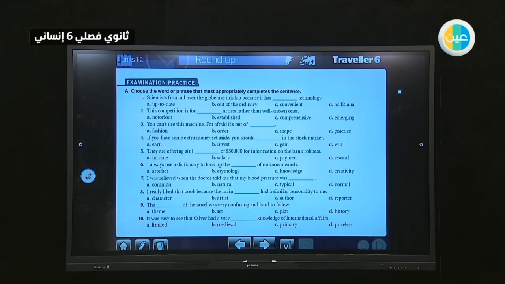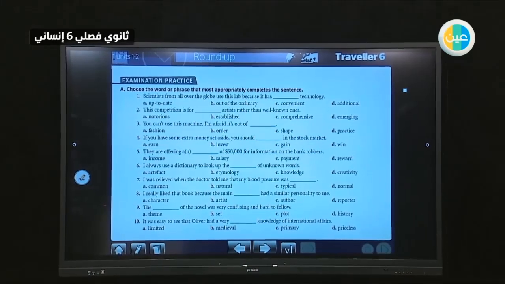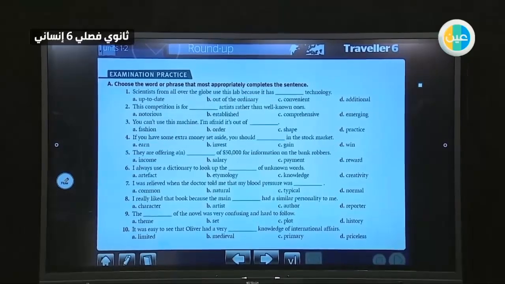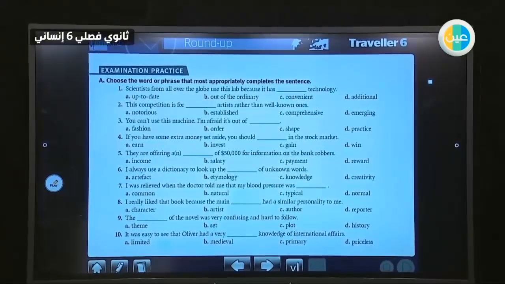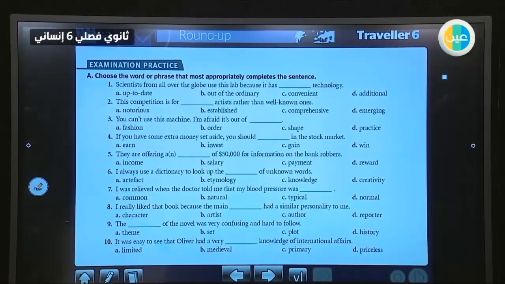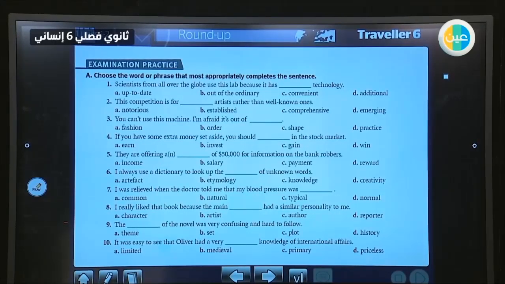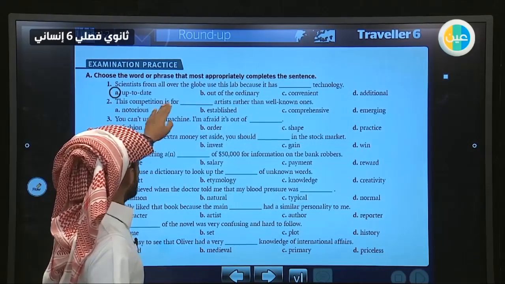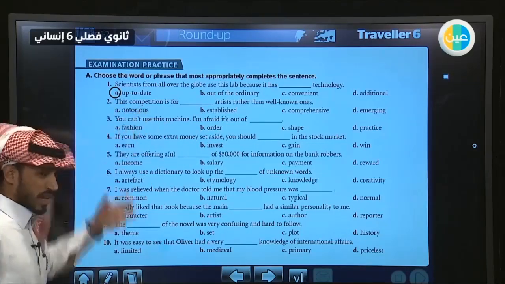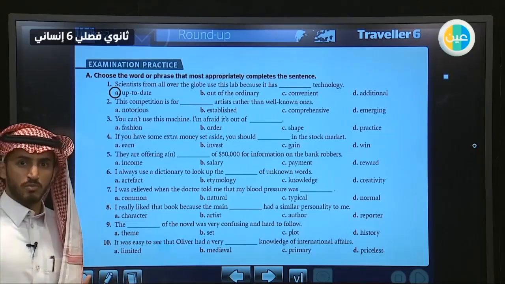It says choose a word or phrase that most appropriately completes the sentence. عندنا المثال الأول scientists، هذه غالبا متعلقة في دروس الفوكابولري. يعني مثلا في المثال الأول عندنا جملة scientists from all over the globe use this lab because it has technology. طيب احنا وين الإجابة الصحيحة اللي عندنا؟ Scientists from all over the globe use this lab because it has up-to-date technology. Up-to-date يعني تكنولوجيا محدثة، تكنولوجيا جديدة متطورة.